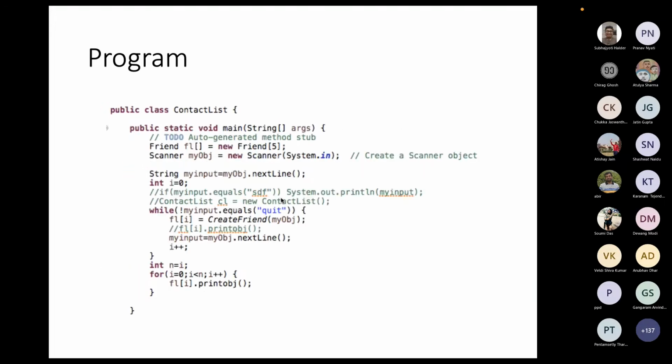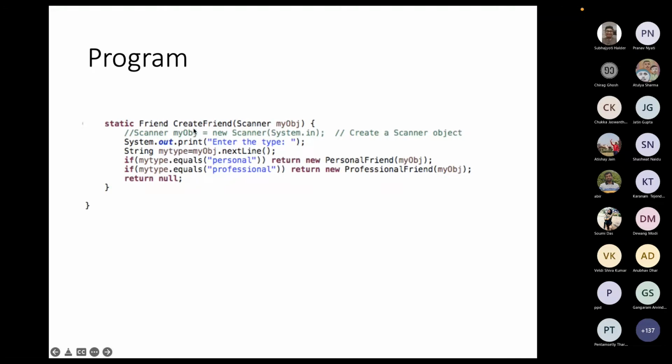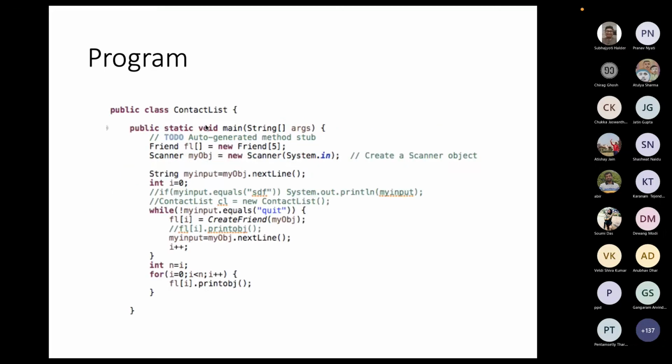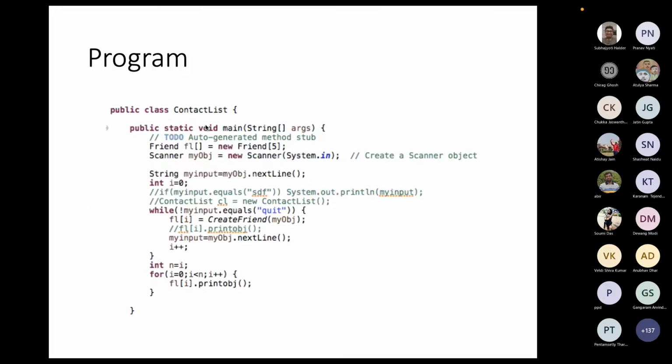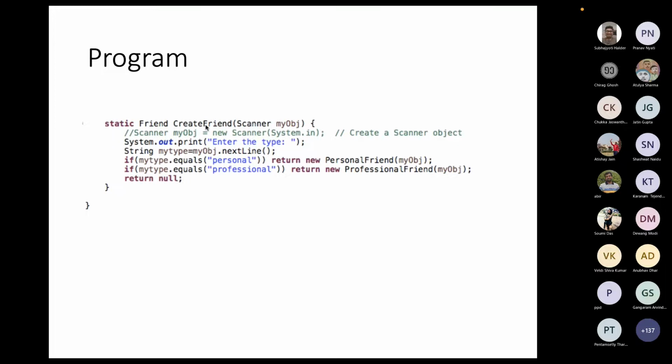Anyway, I think this is now clear that here you are calling this static function. This is another thing I wanted to tell: we are creating another static function here because we are not defining any object of contact list type. So we are simply calling it here.